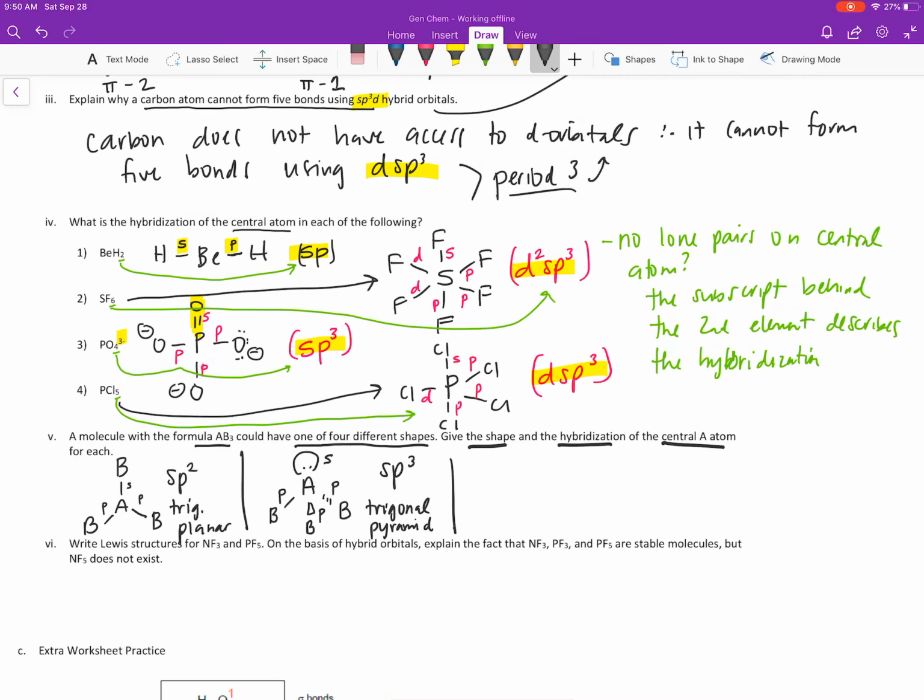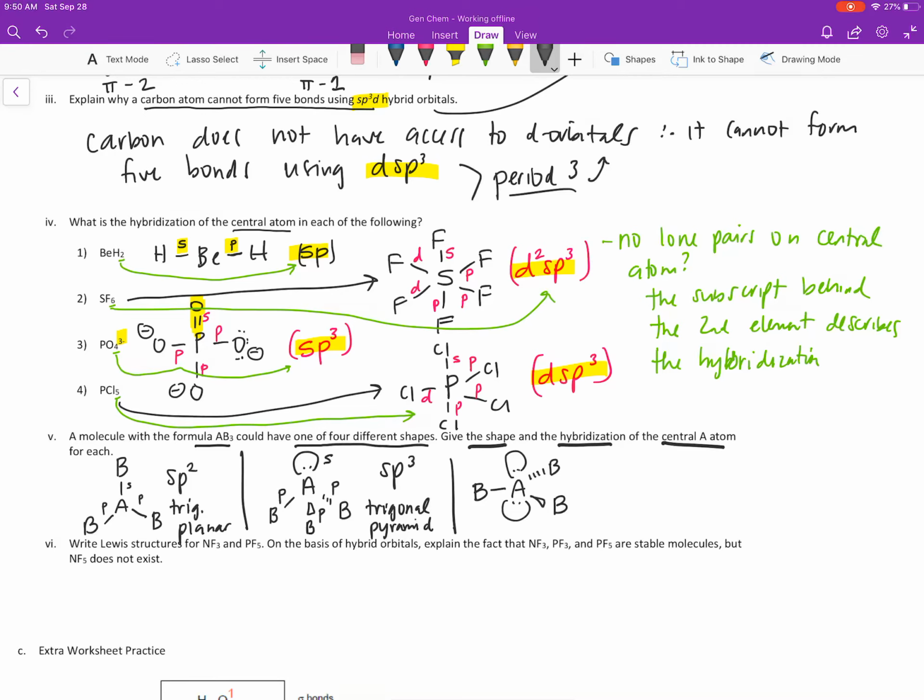The next one is where we have our electron pair geometry of trigonal bipyramidal, where it's lost 2 atoms and 2 lone pairs have been placed on the central atom. So it kind of looks like a fan. And then we have our lone pair here, right?